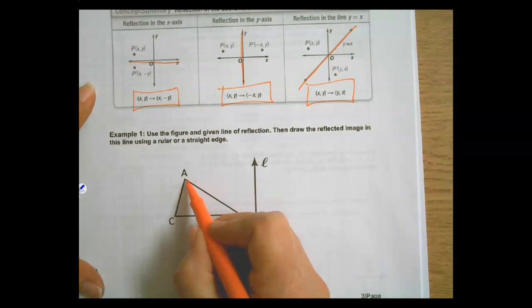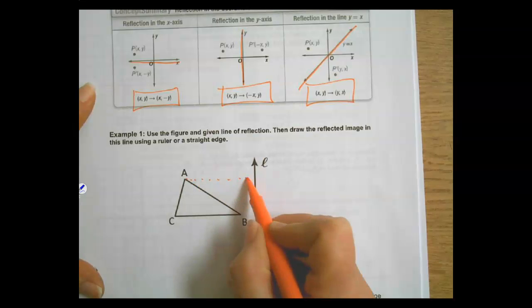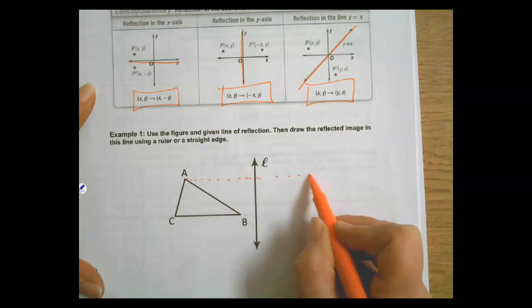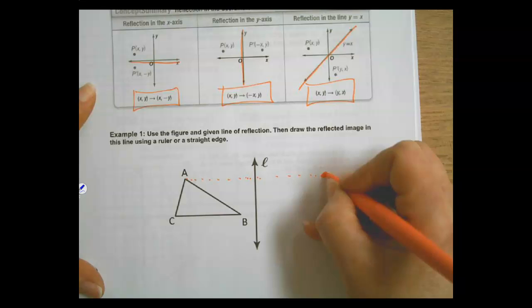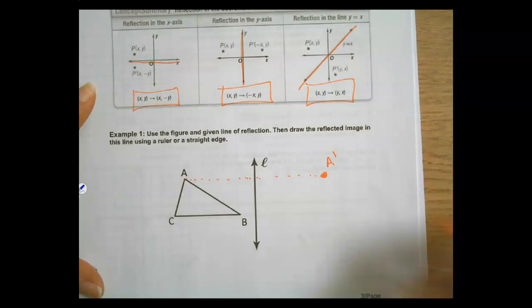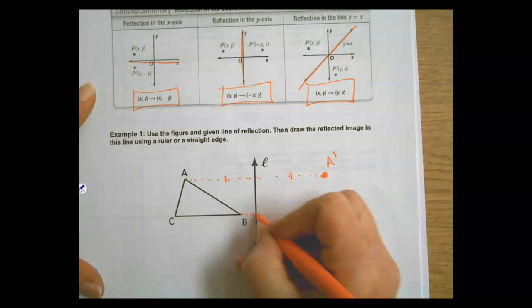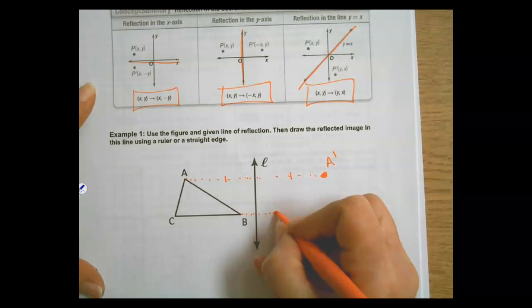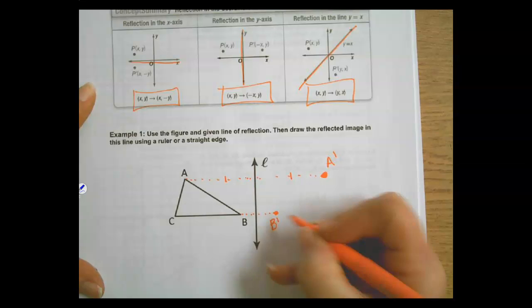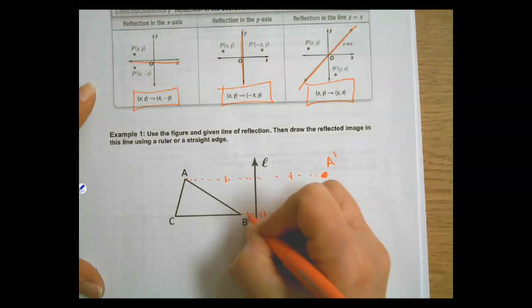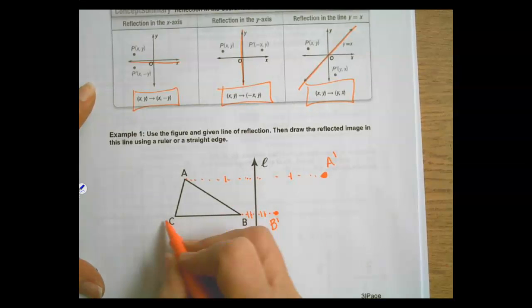So basically what we're saying is that this has to be the same distance here. So we're going to say that's A prime. We're going to say that's the same as that. This distance would be the same as my B prime. So same distance, same distance. And the same thing with the C, which is hard to do.